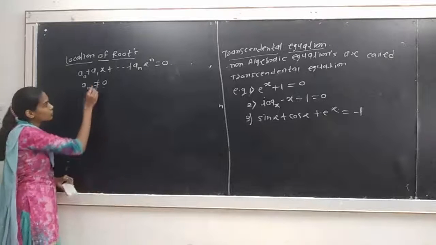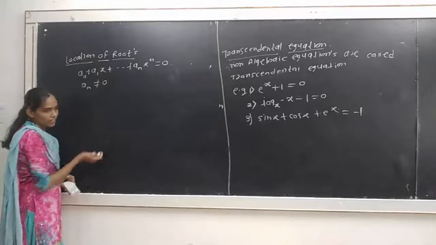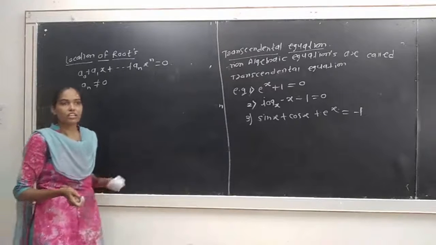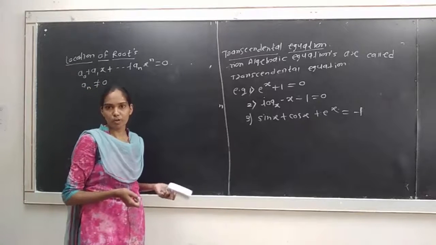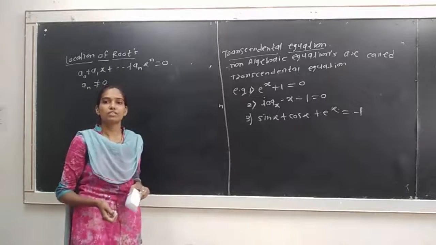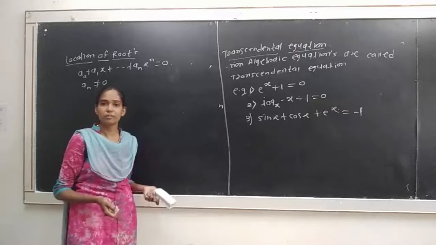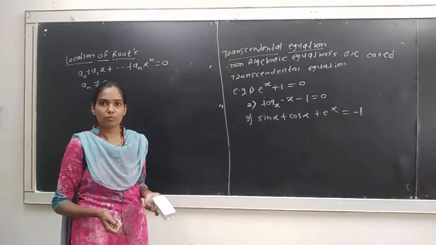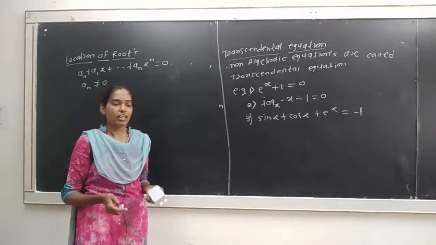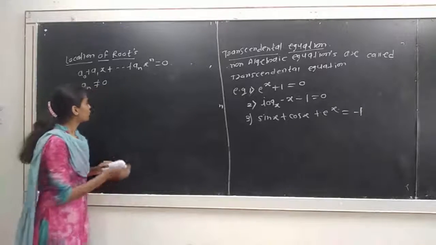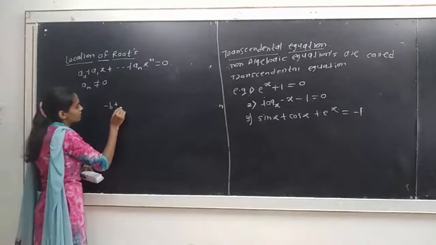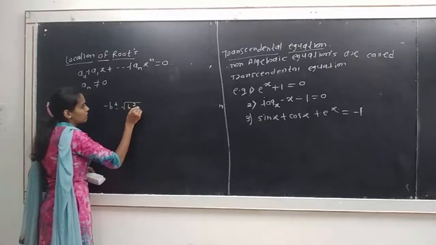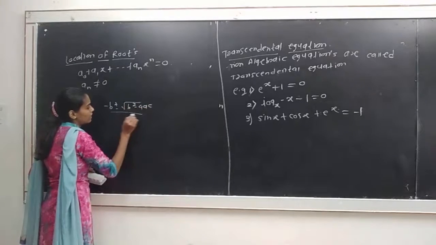Then we know that if we consider a quadratic equation or cubic equation, we know how to find the roots of that equation. If the given equation is a quadratic equation, then we simply find the roots by taking the formula minus b plus minus square root of b square minus 4ac divided by 2a.